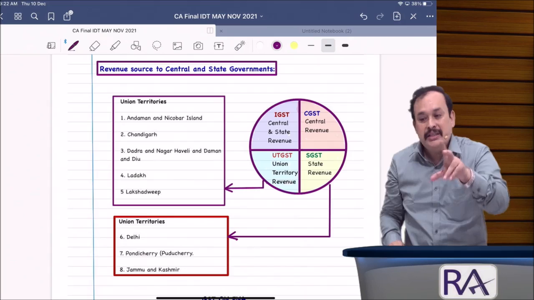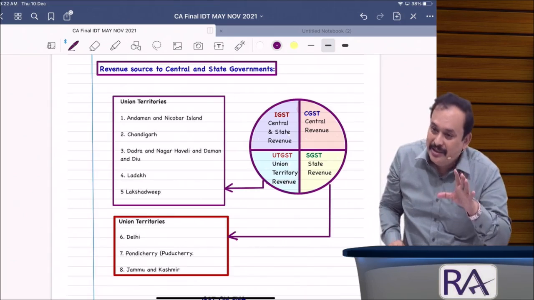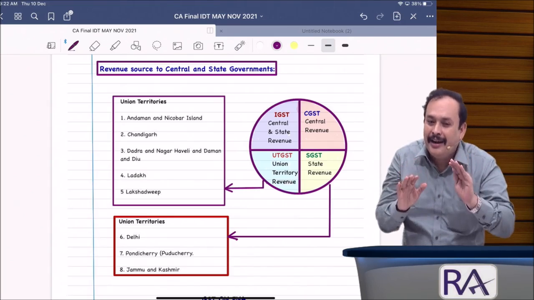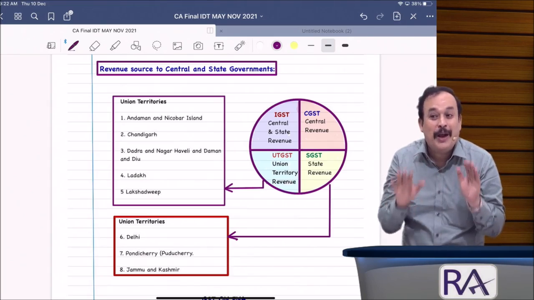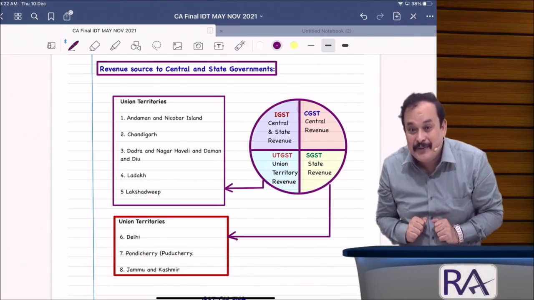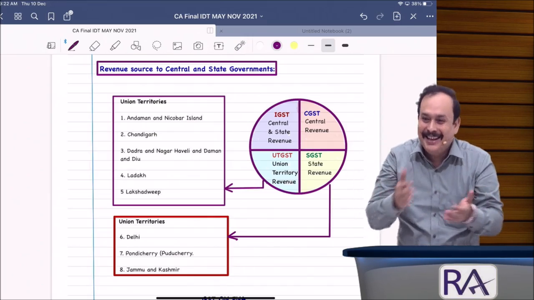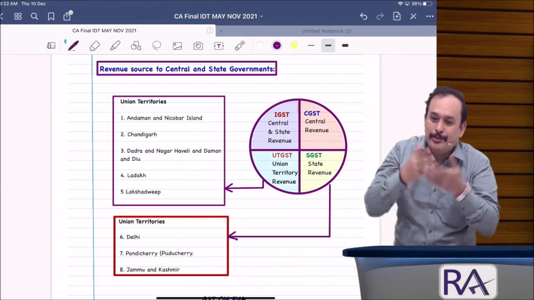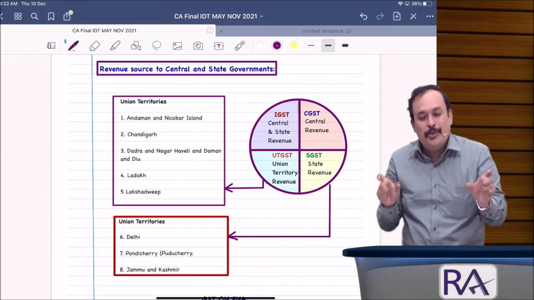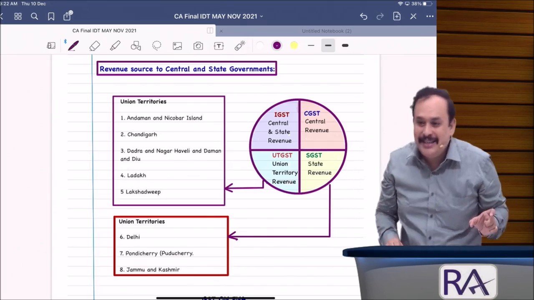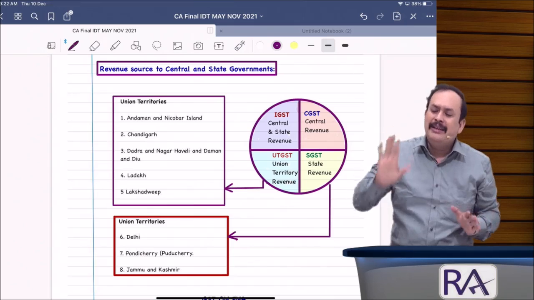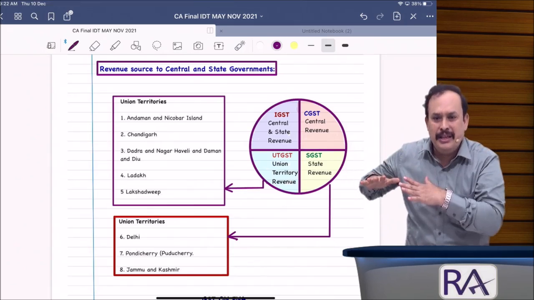One is Delhi, the second is Pondicherry. Jammu and Kashmir I have not referred to, because the state assembly is yet to be formed there. After bifurcation of Jammu and Kashmir into 2 UTs, Jammu and Kashmir and Ladakh, Ladakh UT has no state assembly.